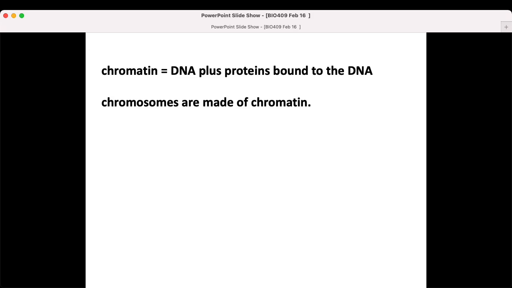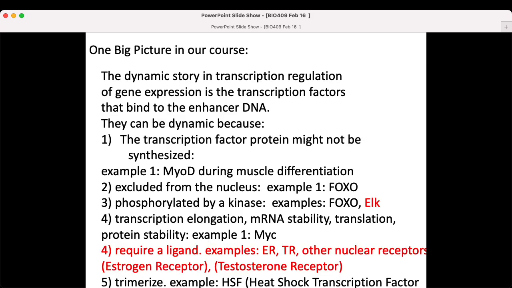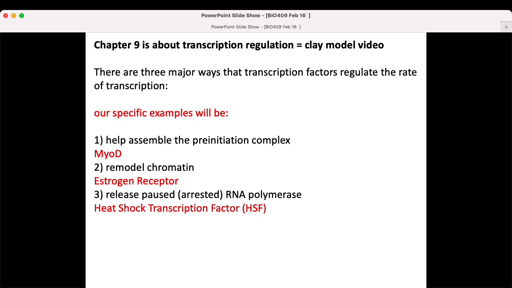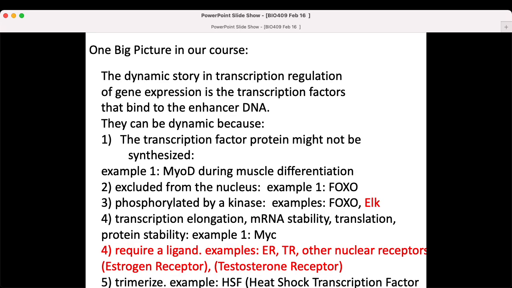All right, so in doing that, let me just start with this slide and say that here, that's a new transcription factor for us. And then next one, that's a new transcription factor for us. So I just want to show that we're going to add these to our list.